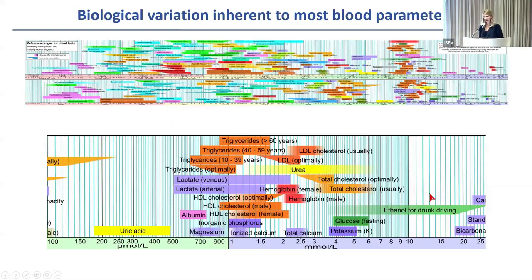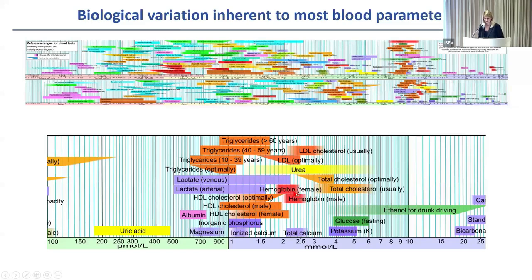For blood parameters, you can appreciate from this diagram that biological variation is inherent to those parameters. Just looking at a few examples, for fasting glucose, the reference range of possible concentrations is from a little bit below 4 to up to 6 millimole per liter.